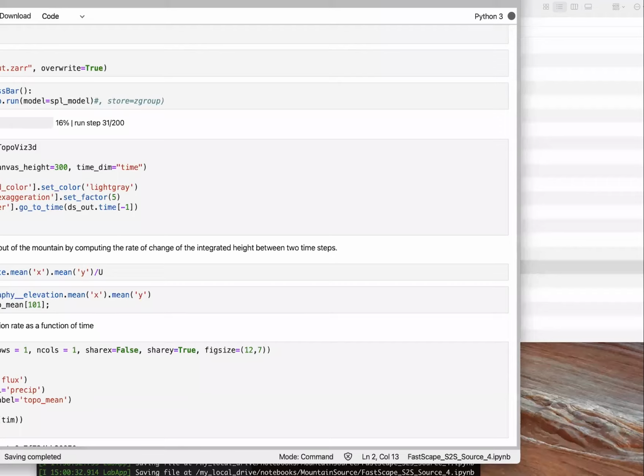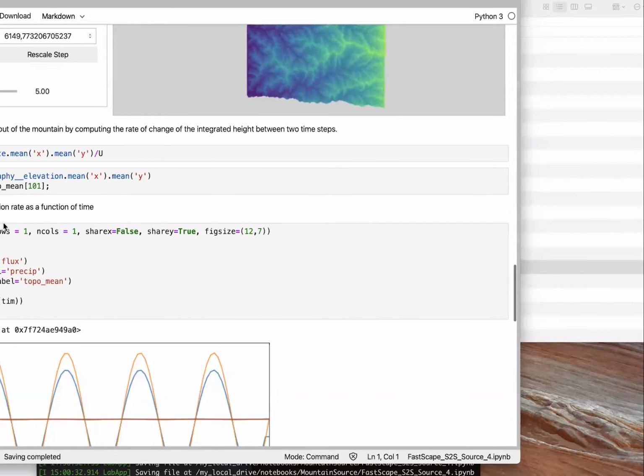We know that in that case the mean topography, where is it? I can show it to you by putting circles so that we see it. This is the topographic signal here.